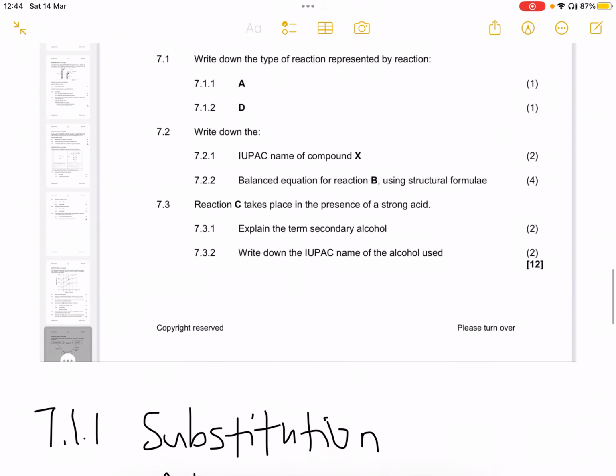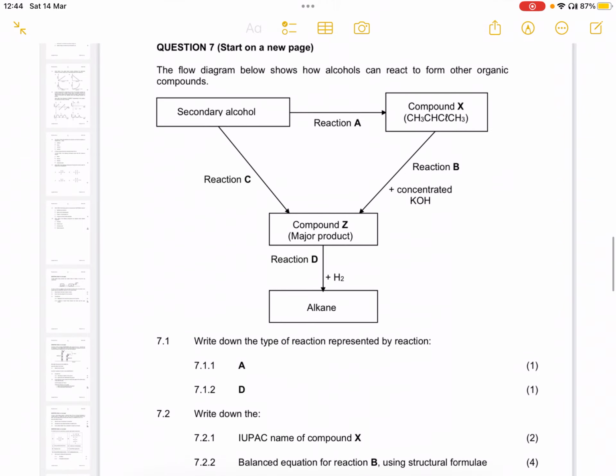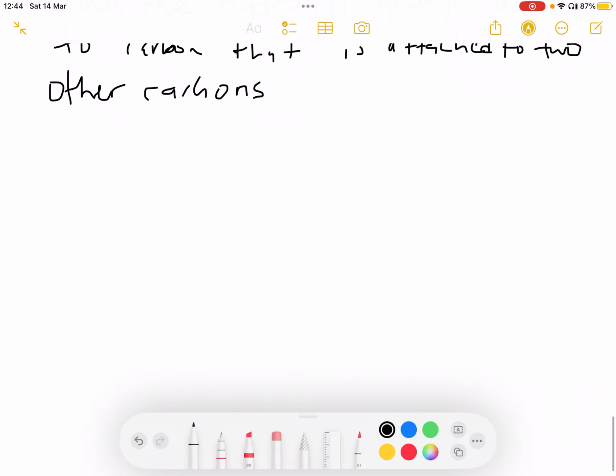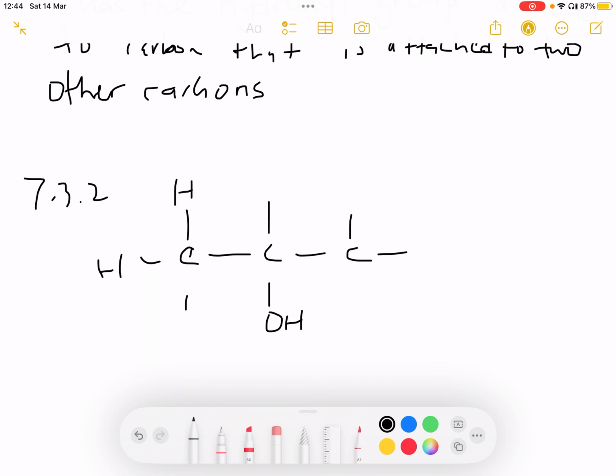And then the last question is, write down the IUPAC name of the alcohol that has been used. That's the secondary alcohol that was used. First, let's look at 7.3.2. We saw that the haloalkane had three carbons, so it's CCC, and then this would be the OH, and this would be the H's.